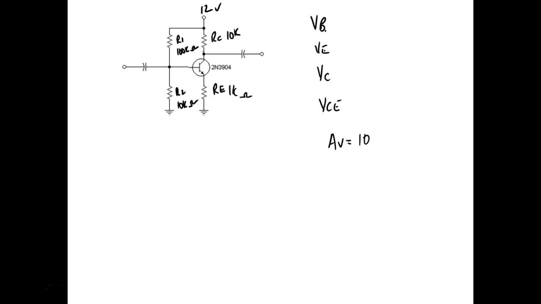And what's neat, guys, we're going to leave the AC signal hooked up to this, and we're going to cause some problems so we can see what's going on with our bias.